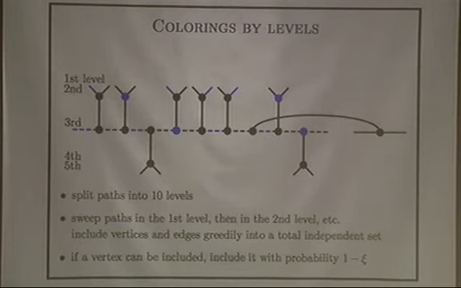So this is the main construction of the total independent set. So maybe, are there any questions? So when you split paths into levels, is it arbitrary? Yeah, every path has a probability of being at a certain level, 1 over 10 in this case, and these probabilities are mutually independent.